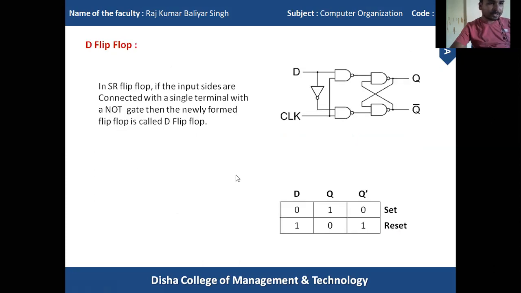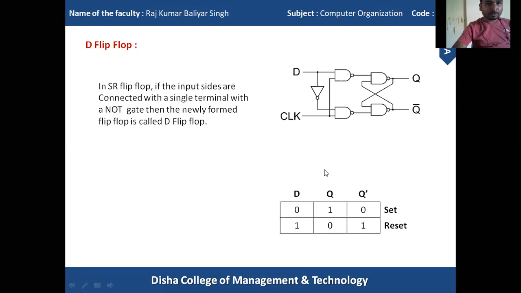So D flip-flop says that in SR flip-flop, if both input sides, S and R, are connected to a single terminal, or we make these two inputs into a single terminal with a NOT gate, whatever flip-flop develops is called D flip-flop.